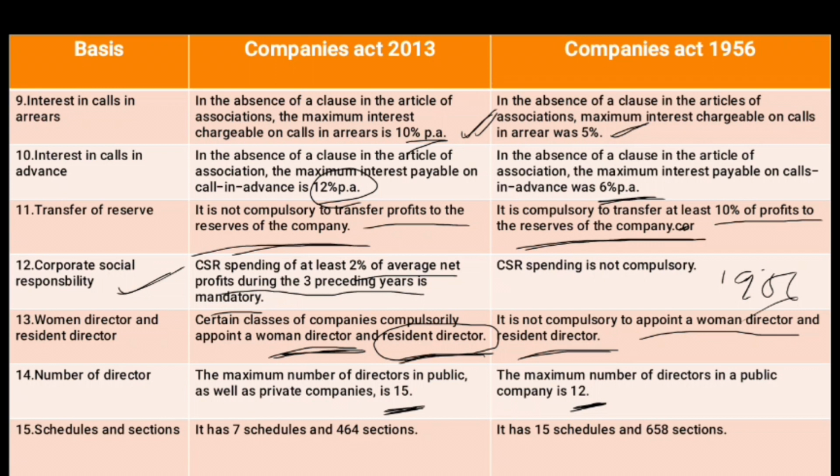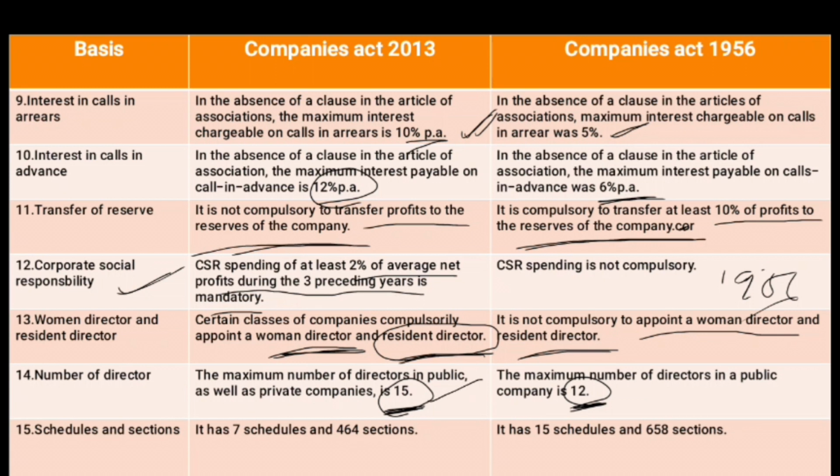But according to the Companies Act 1956, the maximum number of directors in a public company was 12. So the maximum number of directors under the Companies Act 2013 has increased to 15 for public as well as private companies. Under the Companies Act 1956, the maximum number in a public company was 12, which is now increased to 15.